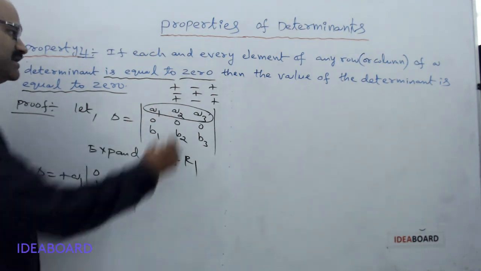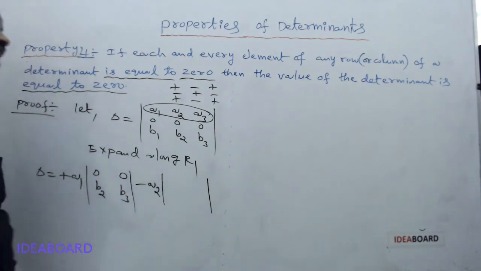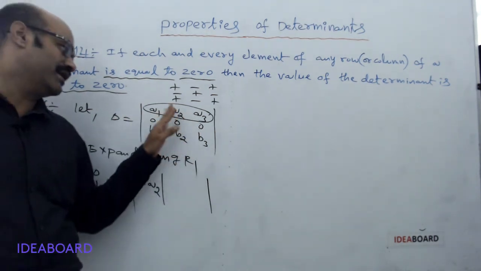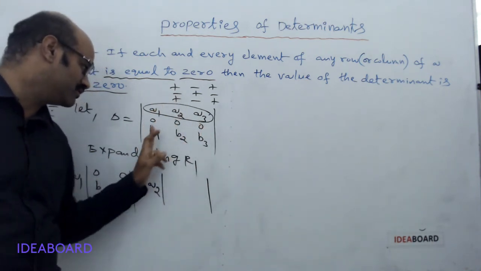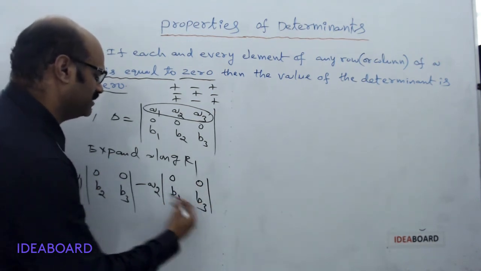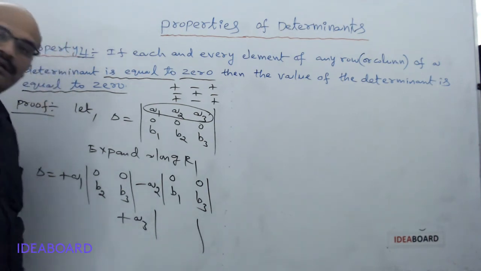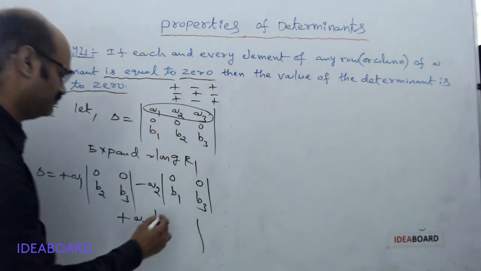Now minus a2 into the determinant of 0, 0, b1, b3, since a2 lies in the first row and second column. Now plus a3 into the determinant of 0, 0, b1, b2.